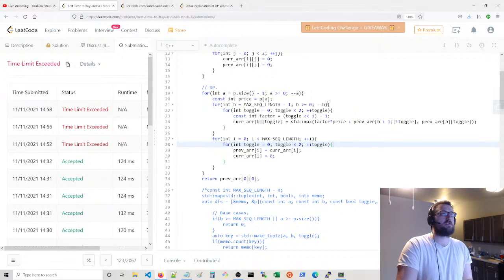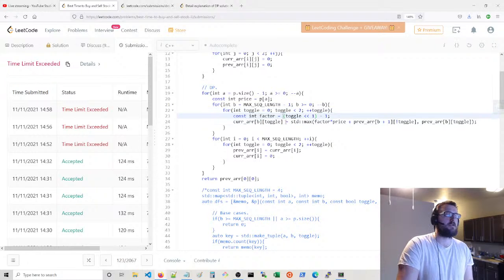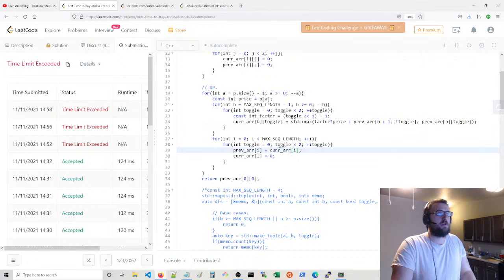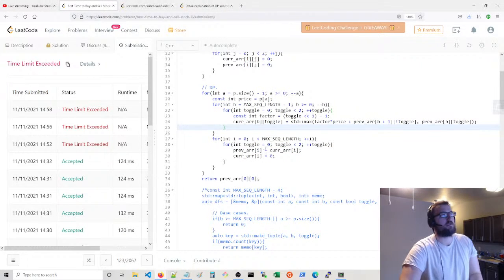So basically, this happens twice. So I guess you could update, you might be able to roll this into one loop, like do the same operations in one loop. But we're not going to do that.